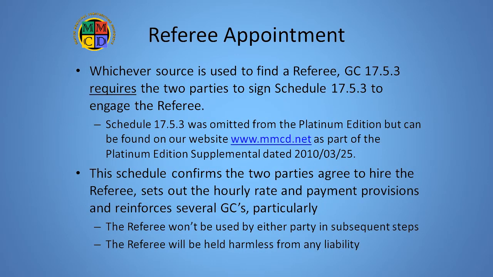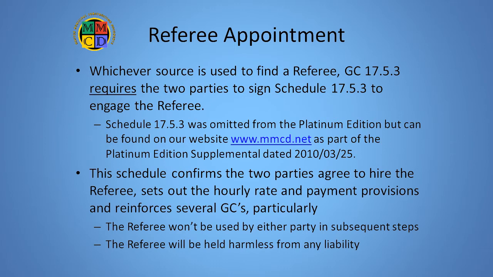No matter whether the referee was selected by agreement or appointed by the MMCD Association, the two parties are required to use Schedule 17.5.3 to engage the referee. This schedule was included in the Gold Edition, but was omitted from the Platinum Edition.